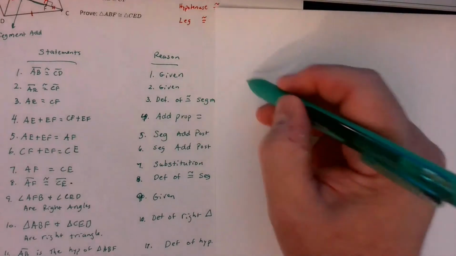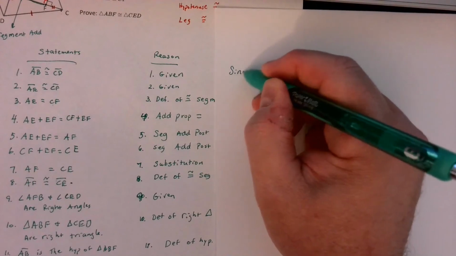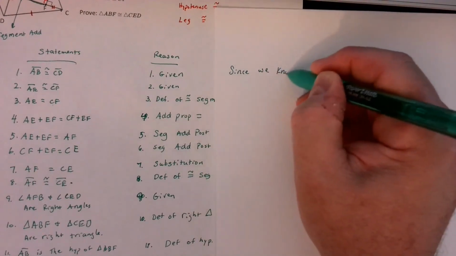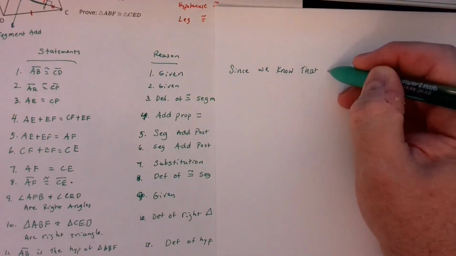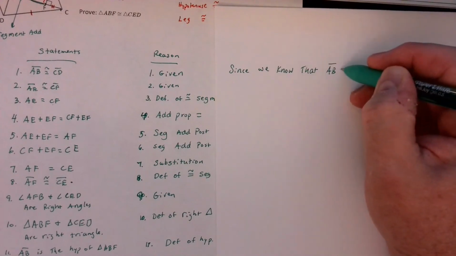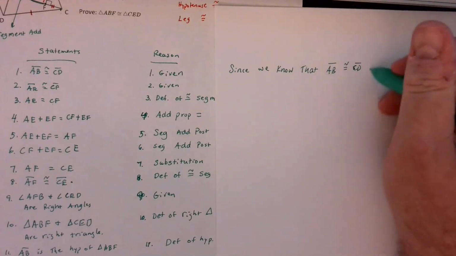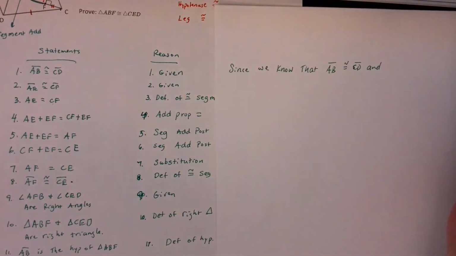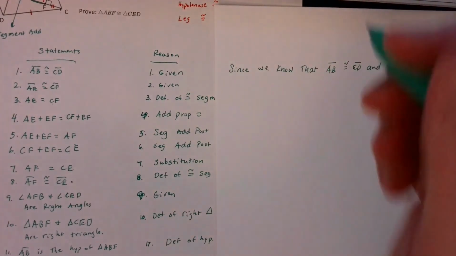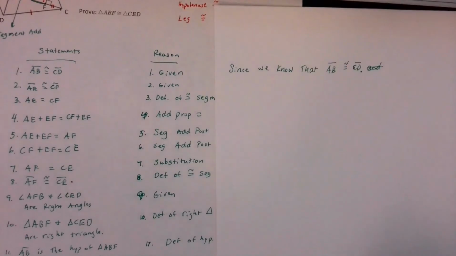So we can kind of abbreviate some things here since we know that, and we're going to use good notation. Segment AB is congruent to segment CD, and let's actually just stop at that, and we'll write that and see how this is kind of a rough draft here.